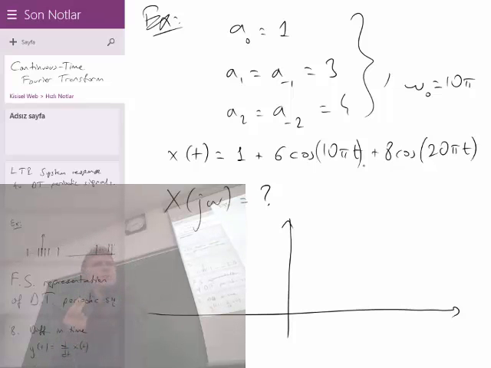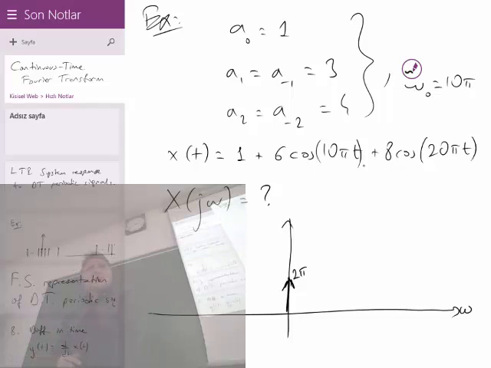What's the value? Therefore, it is 2 pi times an impulse. Where is that impulse? At k times omega 0 and k is 0. So it's at omega equal to 0. So this is our first impulse with the magnitude of 2 pi.